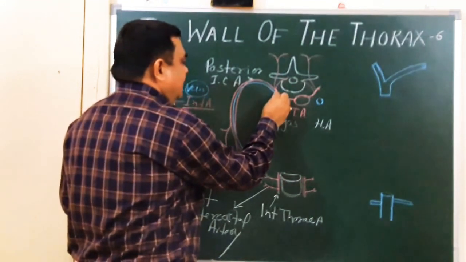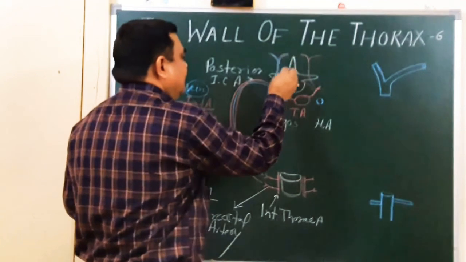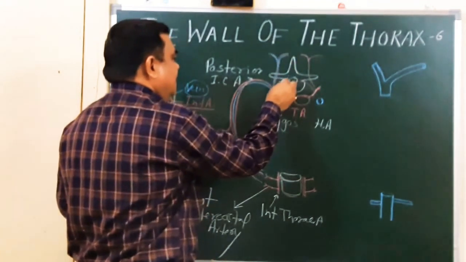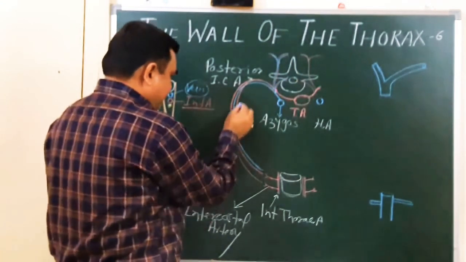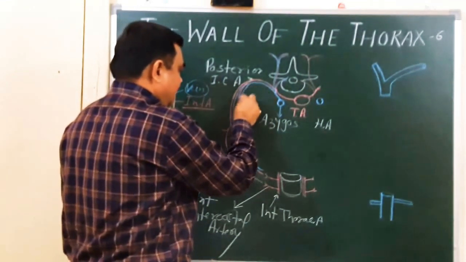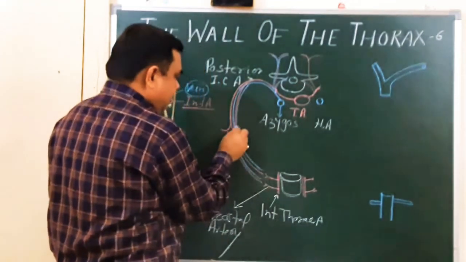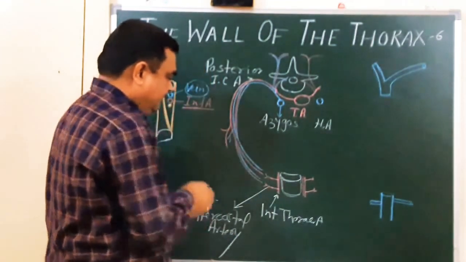And here it receives tributaries along the artery. Here it has one collateral tributary like this. There is a cutaneous tributary.